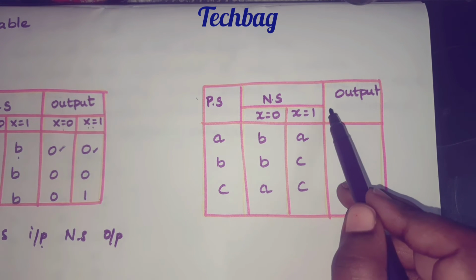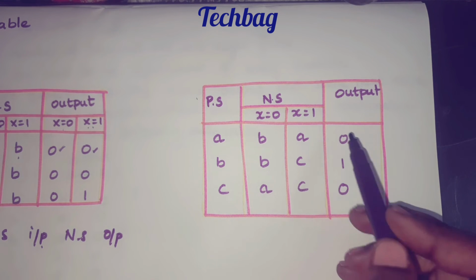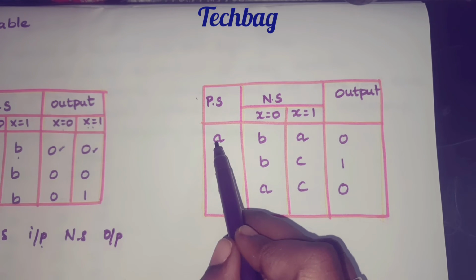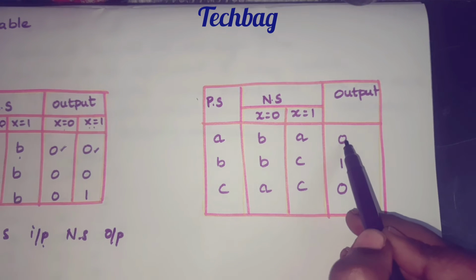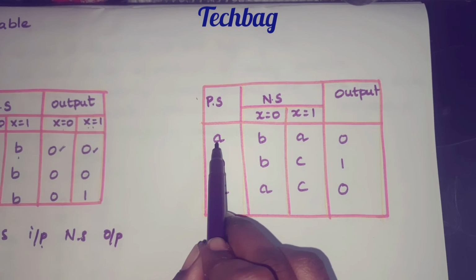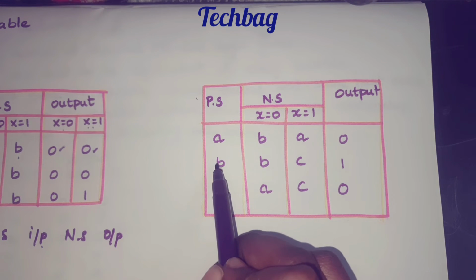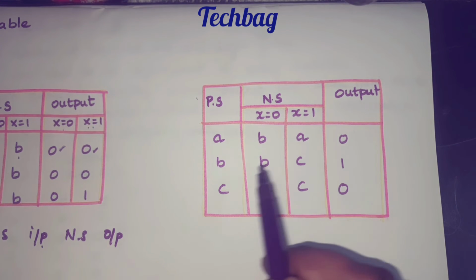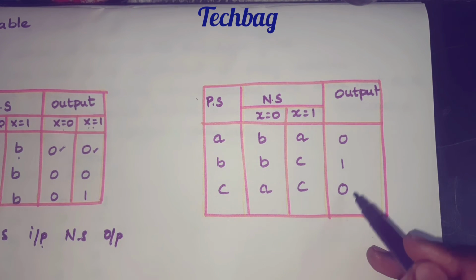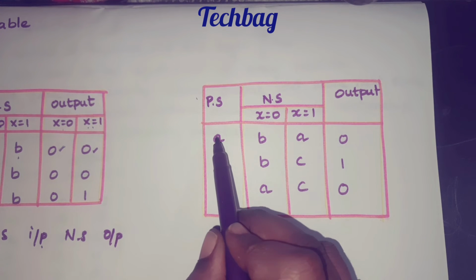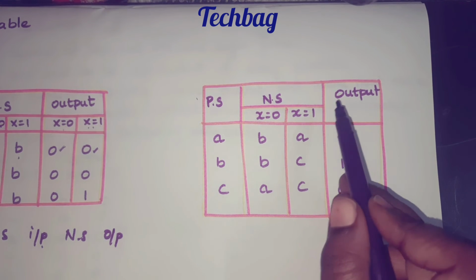So we have not written this X value here. And your output is fixed for the state. If present state is A, then the output is 0. It is fixed for A. If your state is B, then the output is 1. If the state is C, then the output is 0. So the output is fixed for that particular state. It does not depend upon the input.